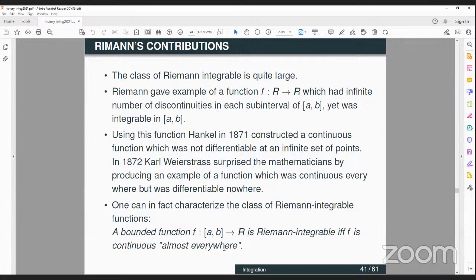The concept of almost everywhere essentially means that if you look at the set of discontinuities of the function f, you can cover them by a sequence of intervals of arbitrarily small total length. That is called continuous almost everywhere.